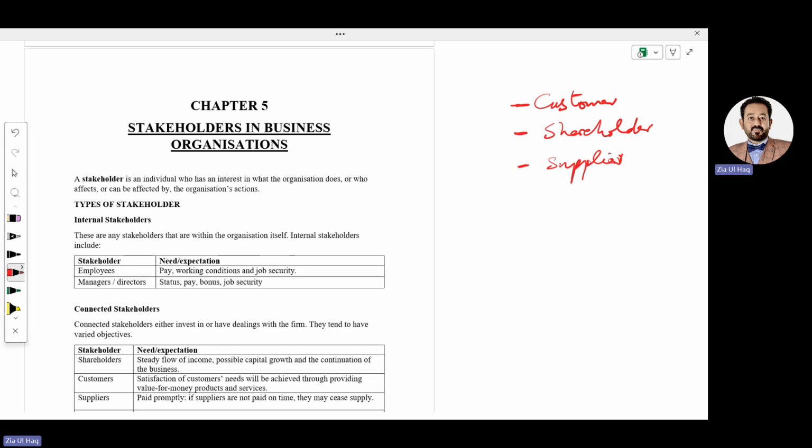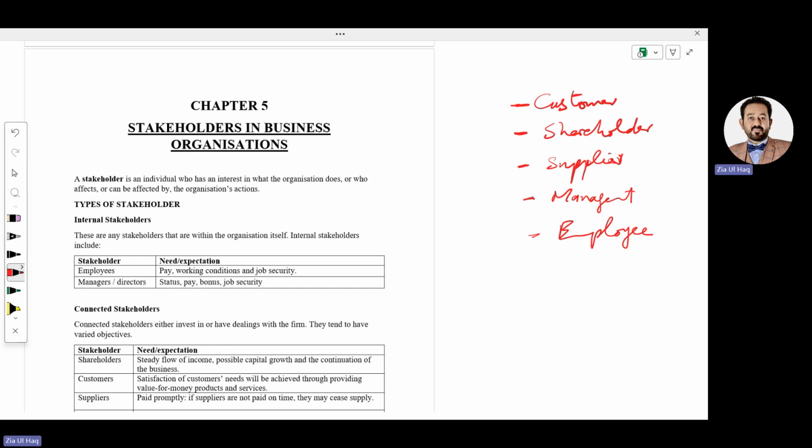And after that, you need to consider the management. And after that, you need to consider your employees. And these are the primary stakeholders of the business. Without them, business is nothing.